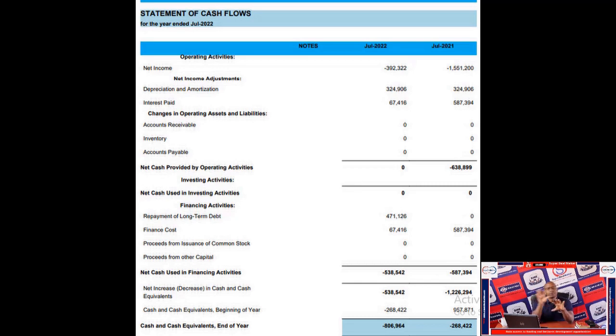Now, going back to the balance sheet lesson, remember I was emphasizing that you need to understand the basic principle of accounting, which is the accounting equation, which says the assets are equal to owner's equity plus liabilities.